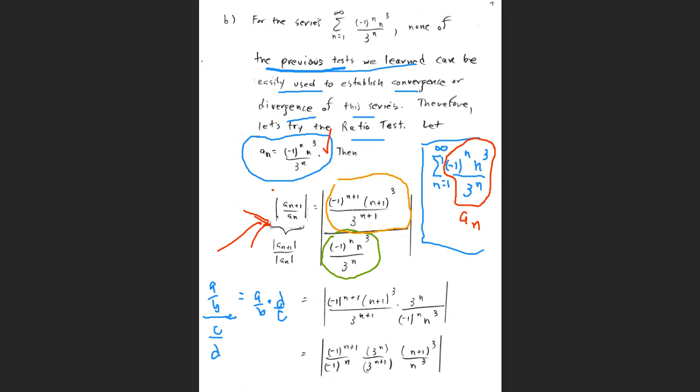That's one of those basic rules that you learned. So that's what we're doing here, with 3 to the nth power divided by -1 to the nth power over n cubed, that's the reciprocal of the bottom fraction.